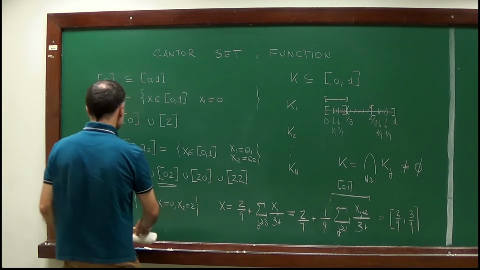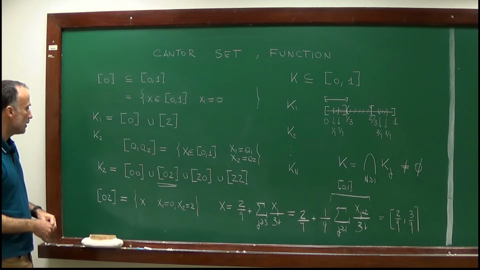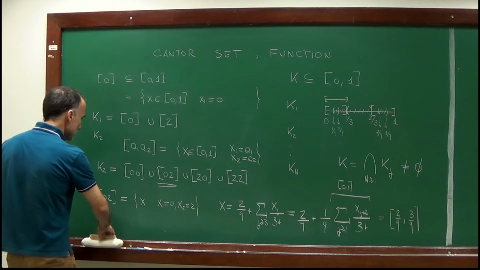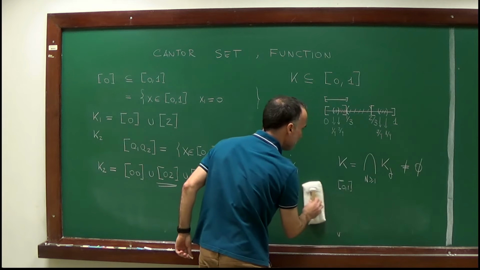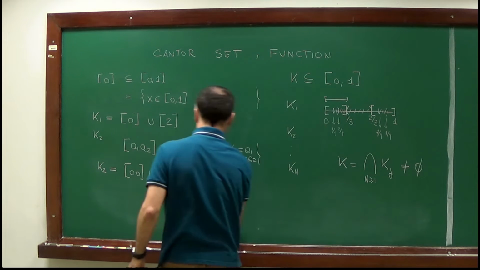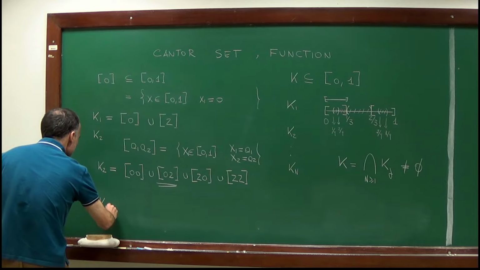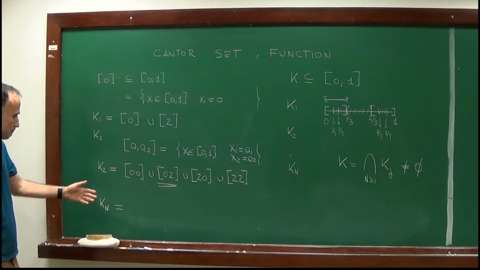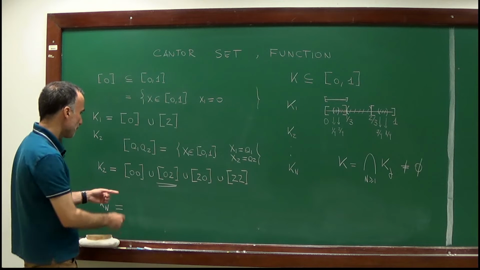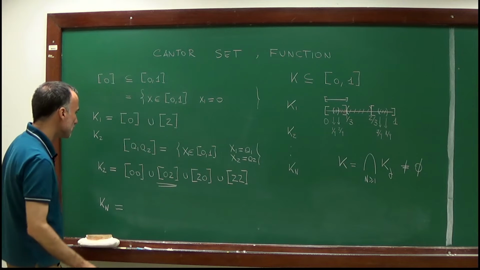And of course K1 contains K2. So in this way I can define Kn. So Kn will be formed by all points whose first n digits are either 0 or 2.